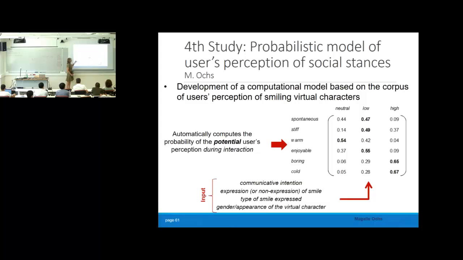We wanted to see how the users will perceive the agent during the interaction. So we've done these very simple models where, based on the previous studies that we were just conducting on how the use of a polite smile or a positive smile will affect the perception of the users, we simply built this matrix saying that when you produce a given smile, how it will affect the 6 variables along the social dimensions as neutral, low, or high.